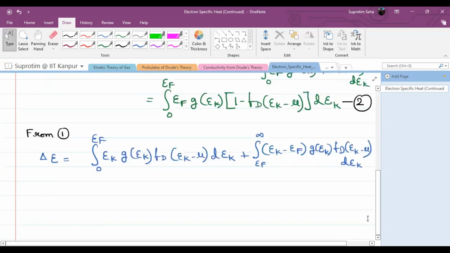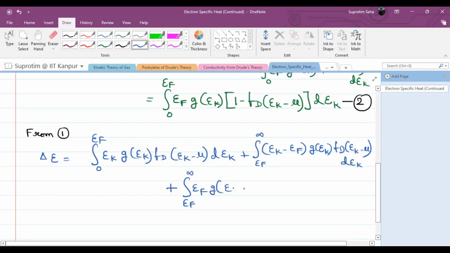Now, as we included a negative EF term, we have to accordingly add it also. So this is EF to infinity epsilon F G of EK Fermi Dirac epsilon K minus mu D of EK, and the term that was already there, 0 to EF EK G of EK D of EK.